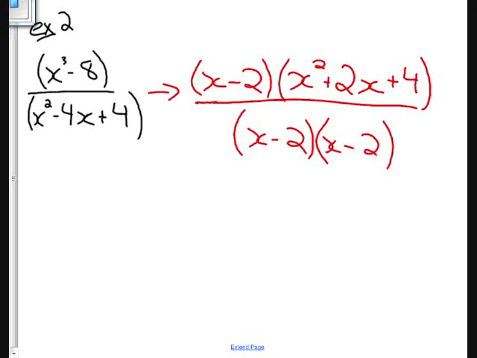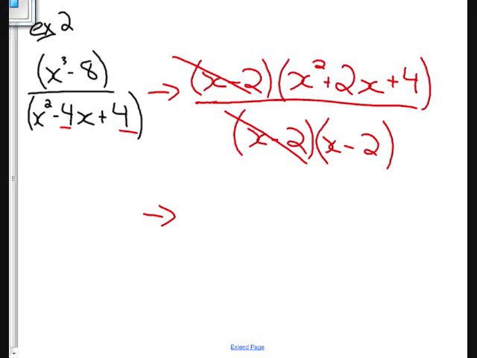Everyone remember how to do that? We're looking for numbers that multiply to plus 4 and add to negative 4. Negative 2, negative 2. All right, now what do we do? Cancel anything? Yeah, x minus 2, x minus 2. You can't factor this anymore with sum and difference.